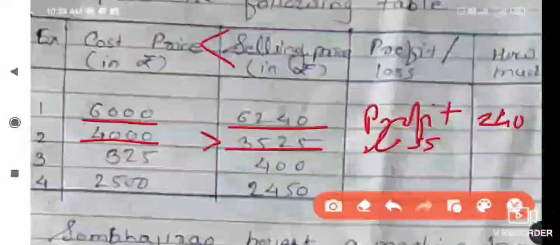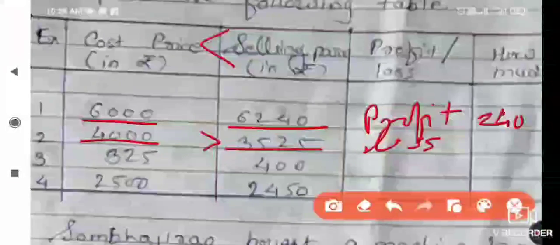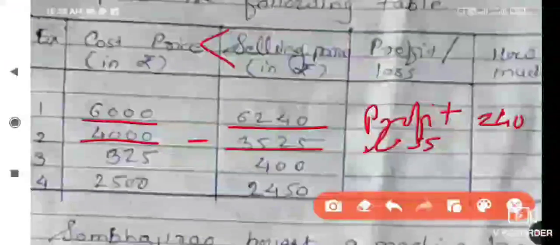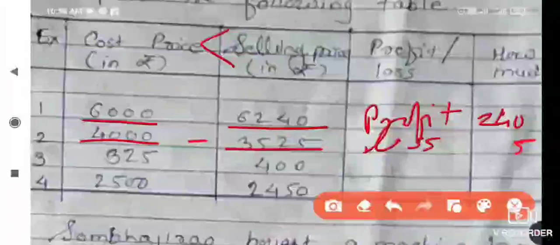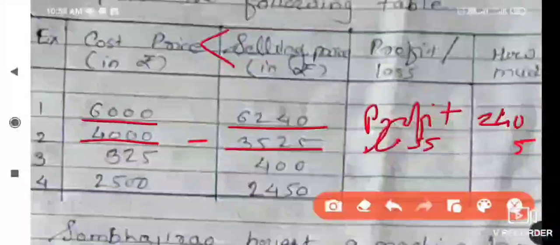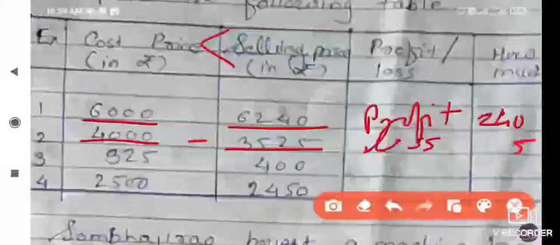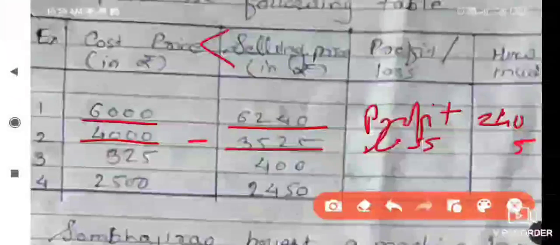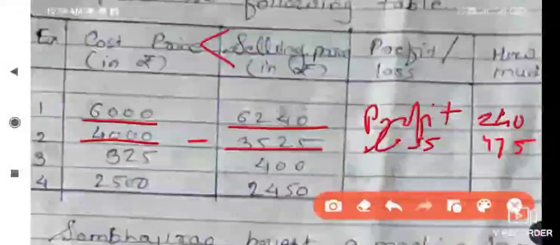You just subtract 4,000 minus 3,525, and the answer is 475. So in this transaction he faces a loss of 475 rupees.